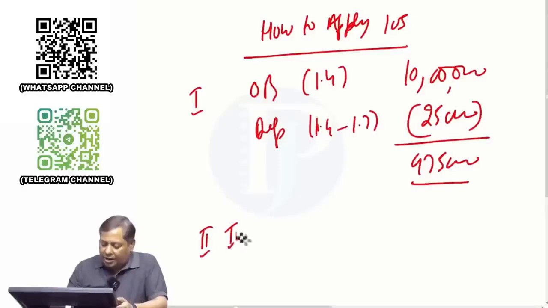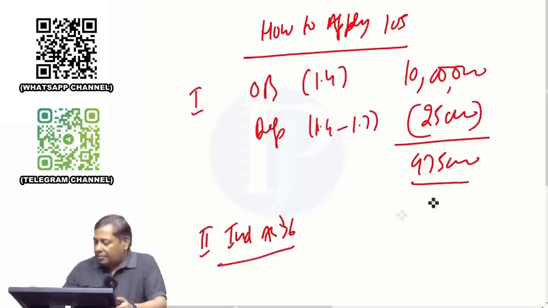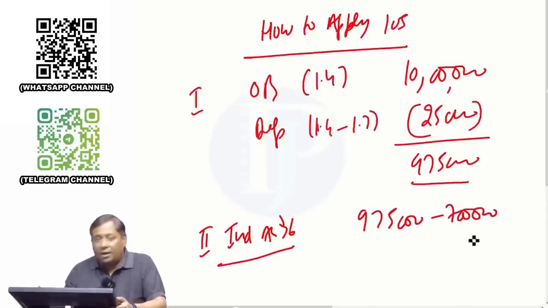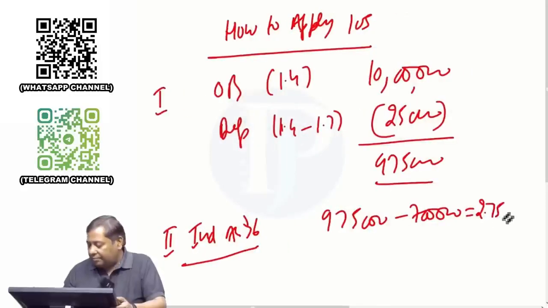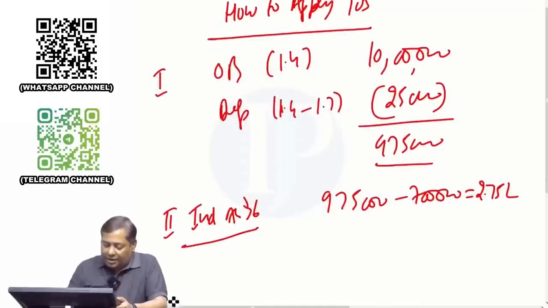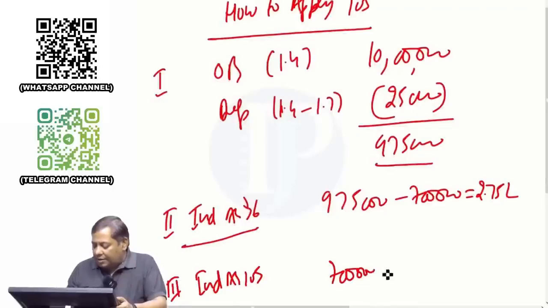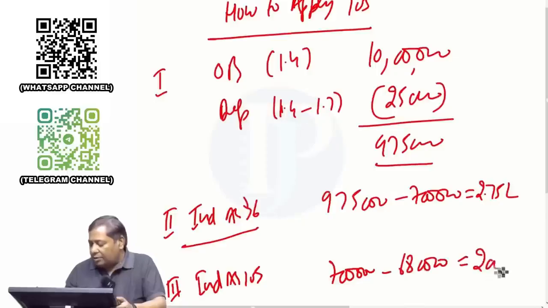Second step, we will check its impairment loss by applying AS 36. Okay. So 975 minus 7 lakh rupees. Since this is the recoverable amount, it comes to 275. Then the third step, we must have applied in AS 105. 680 was deducted from rupees 7 lakhs. So there was a loss of another 20,000 rupees.